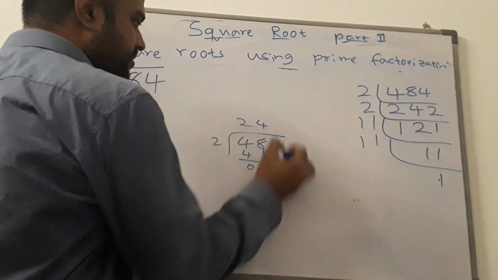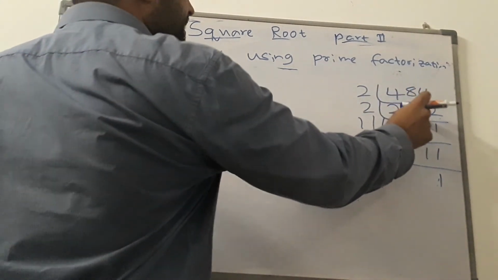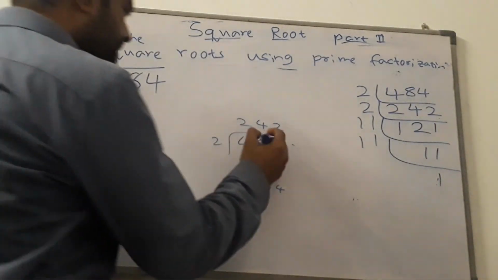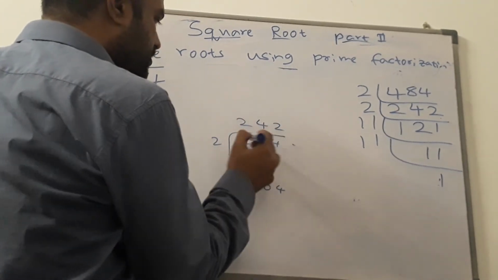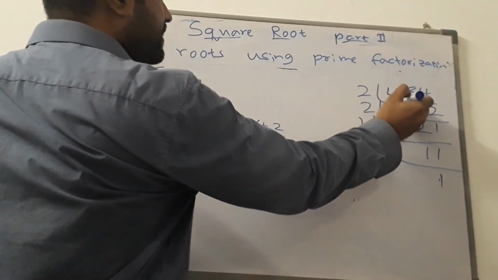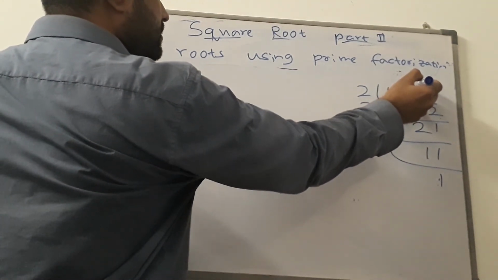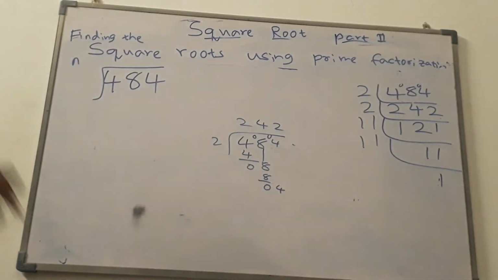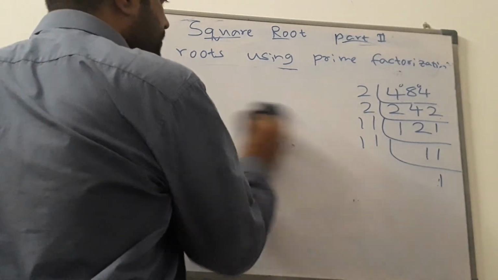Again no remainder. That's how we get this. No remainder means here no, here also no. If it is 1 then it will be different, but as there is 0, we can keep the 8 the way it is.